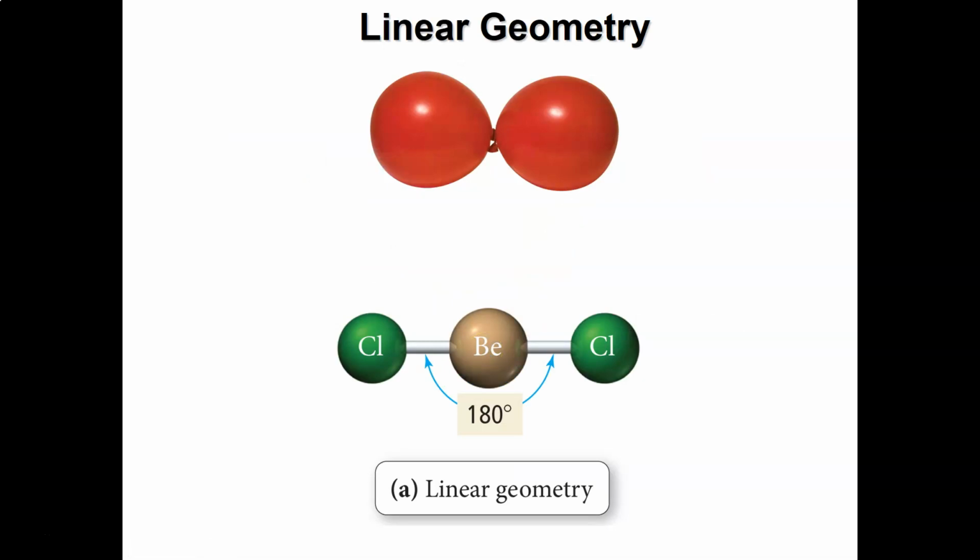One of the shapes we can have is called linear. When you have a linear molecule, it's going to have a 180-degree angle between these bonds. You can see this is really spread out. If we were to try to pull these closer together, we would be getting more repulsions, more interaction.